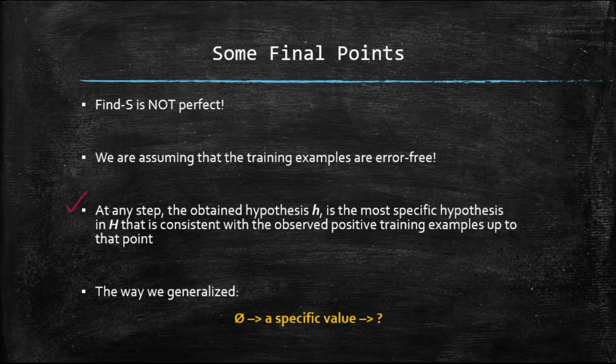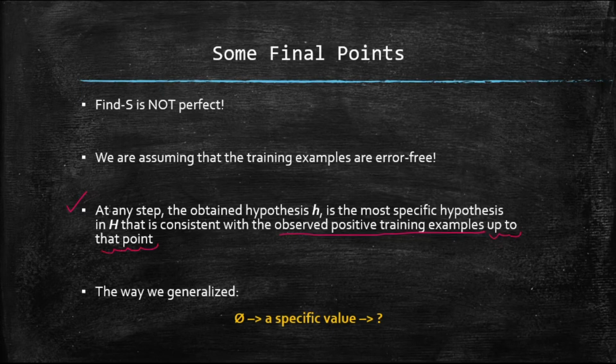At any step in our search, the obtained hypothesis H, what is it? It is the most specific hypothesis in our hypothesis space that is consistent with the observed positive training examples up to that point in our search.